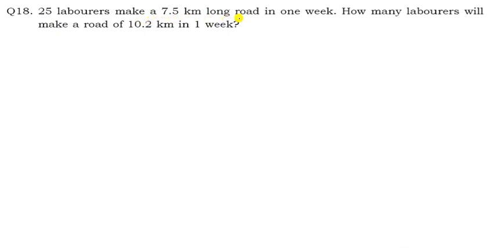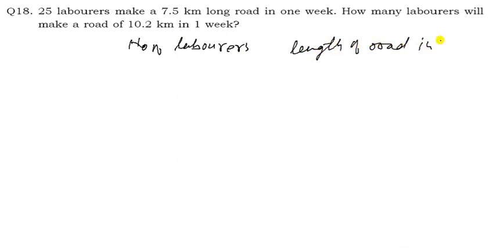25 laborers make a 7.5 kilometer long road in 1 week. How many laborers will make a road of 10.2 kilometers in 1 week? So you can write here number of labor, and here length of road in kilometer.